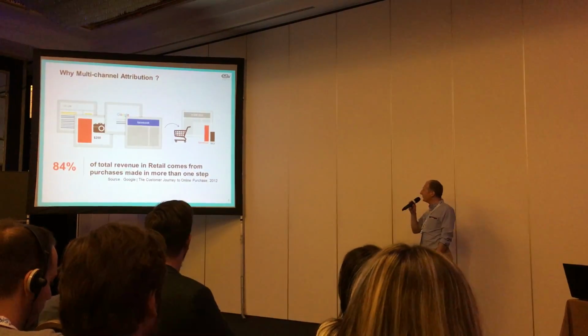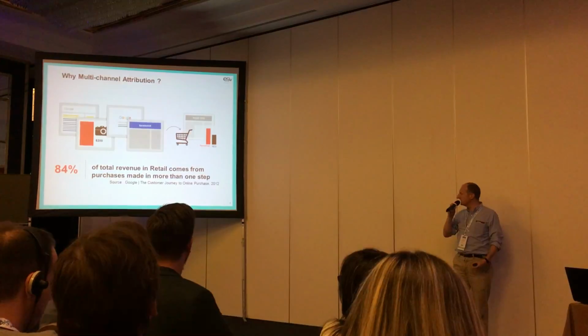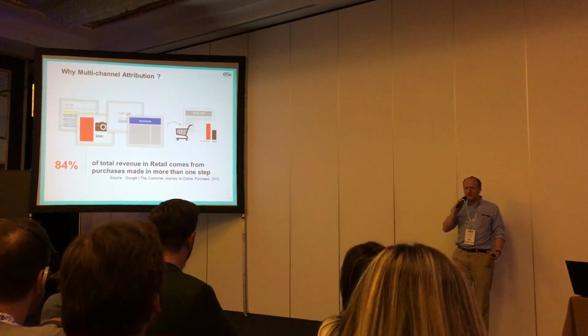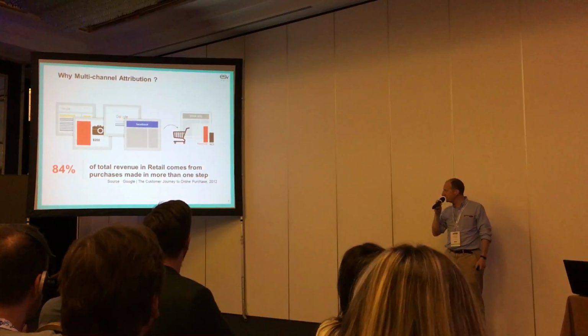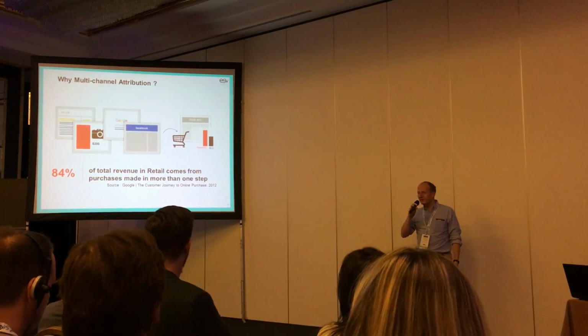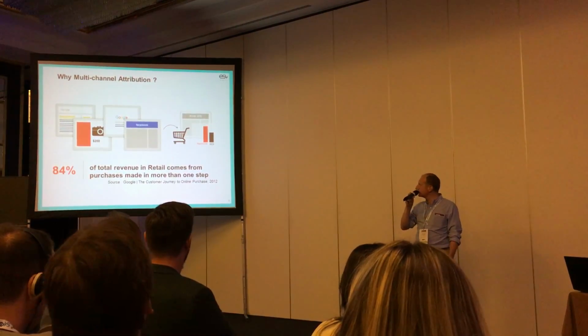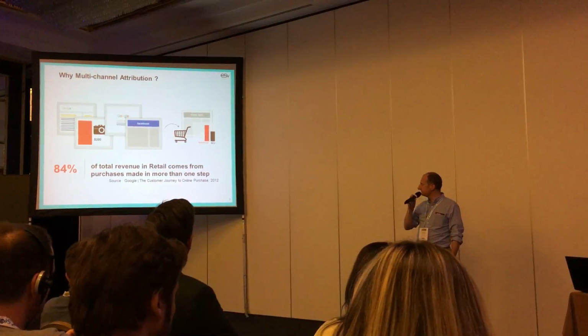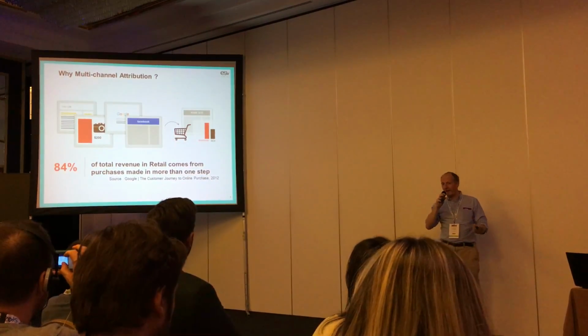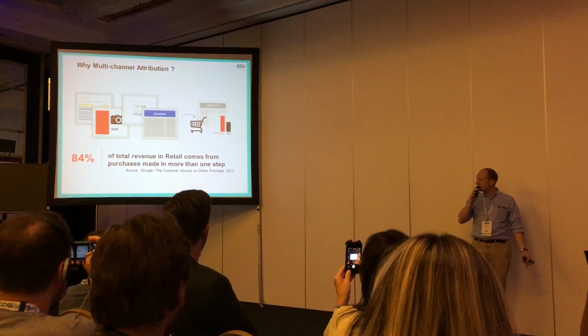So why multi-channel attribution? Well, I used a bit of an old Google study, and I'm sure the numbers are even higher today. But basically what it says is that the vast majority of conversions involve a path with multiple interactions.